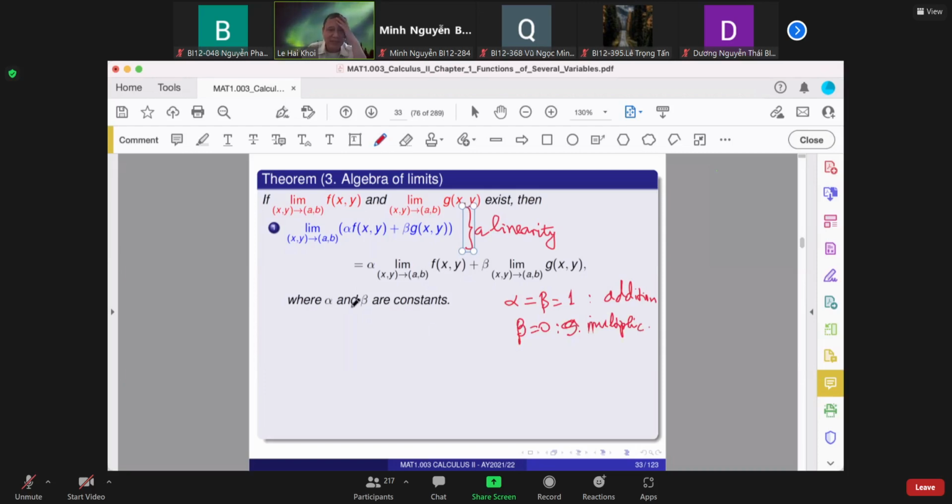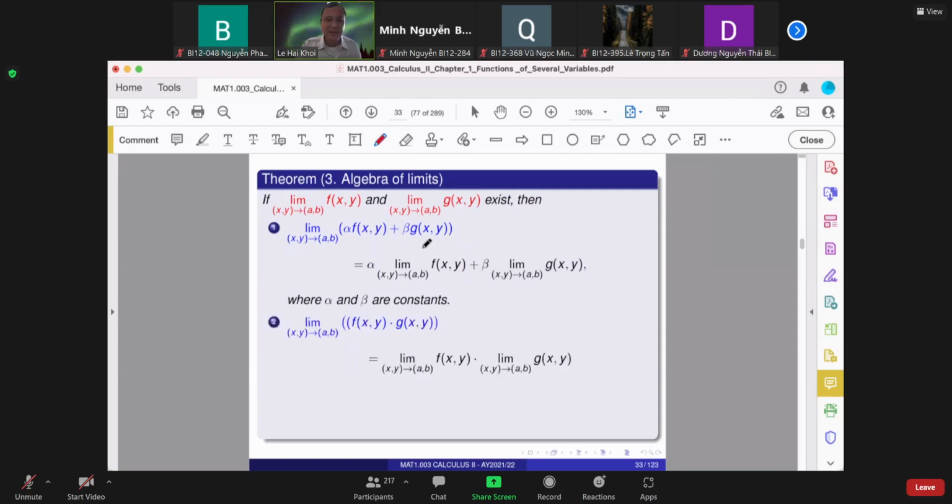But more than that, you can consider the case alpha is 1, beta is negative 1. Then you have f minus g, which means the difference. So this is linearity of the limit, right?